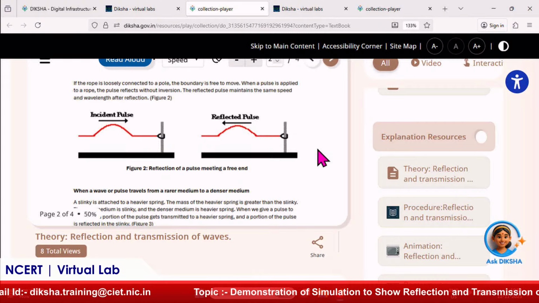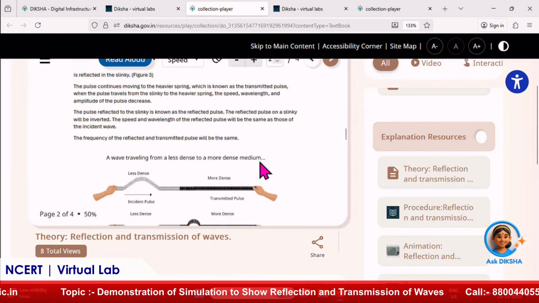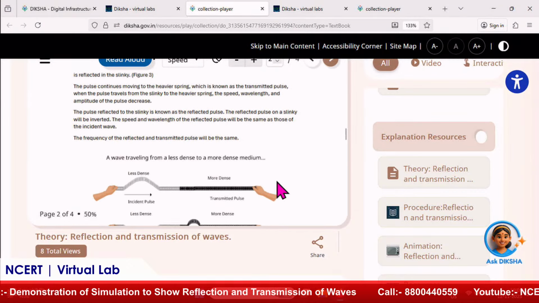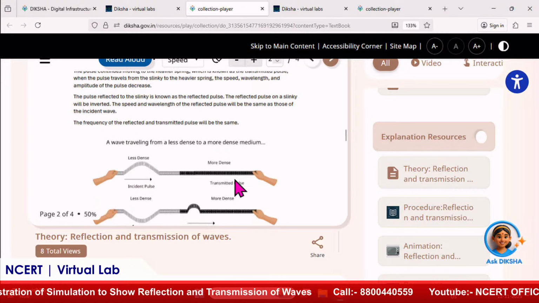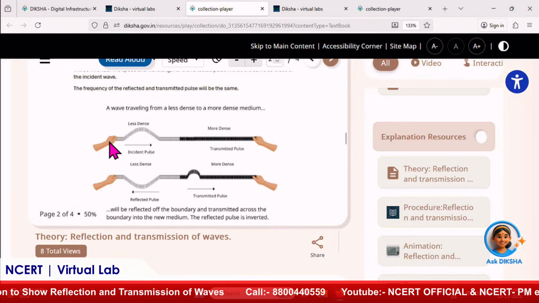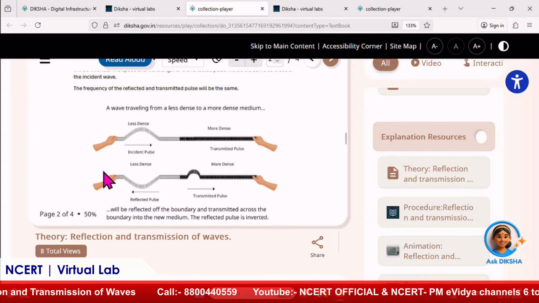What will happen when the wave travels? Here we will see that there will be no phase change. The wave will just transmit. Some part of the energy gets transmitted to the other medium, some part is reflected back, and it acts as a closed boundary and gets reflected.